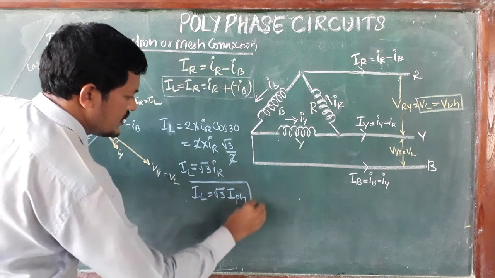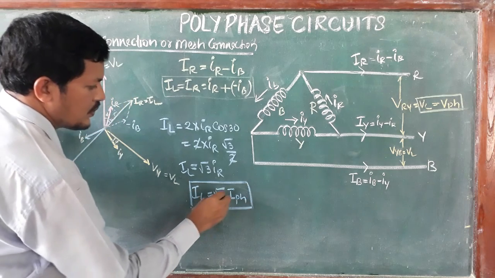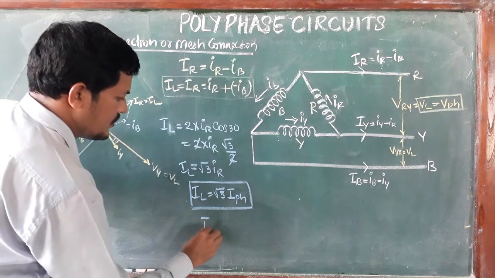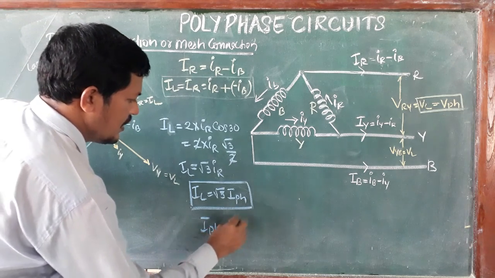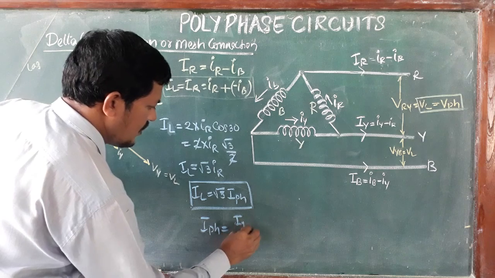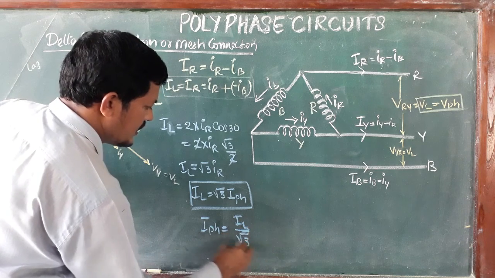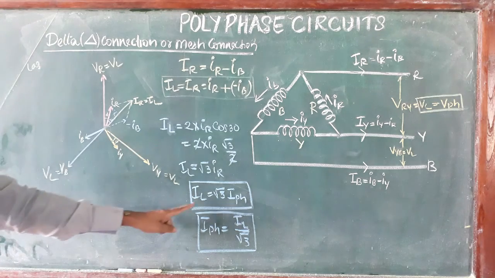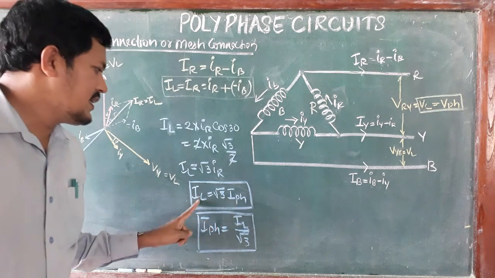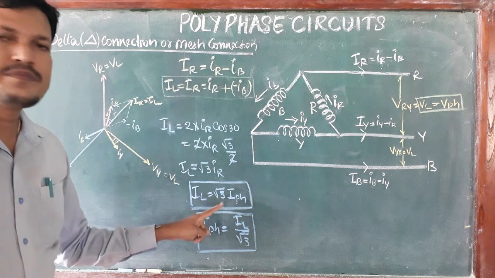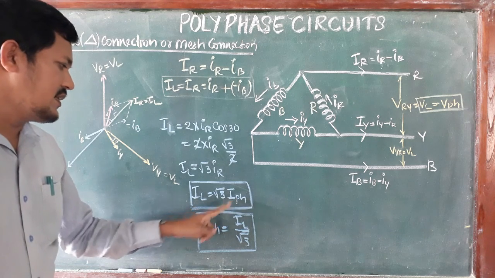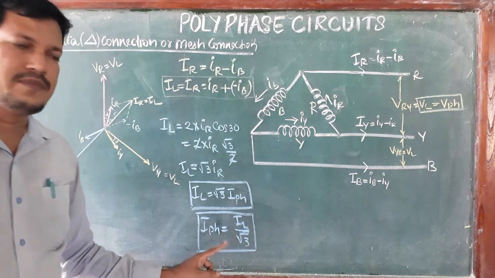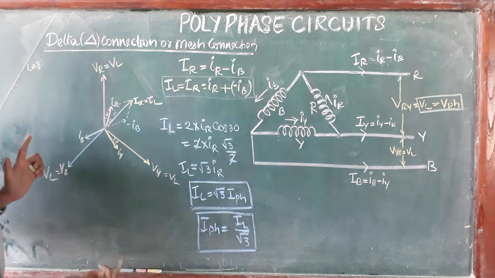So the relation is IL equal to root 3 into I phase, or I phase equal to IL by root 3. So the relation between line current and phase current: line current is root 3 times the phase current, or phase current equal to line current by root 3. So this is the relation in delta connections.